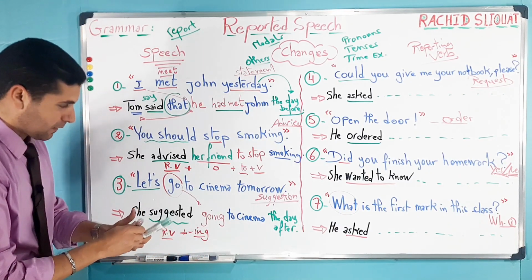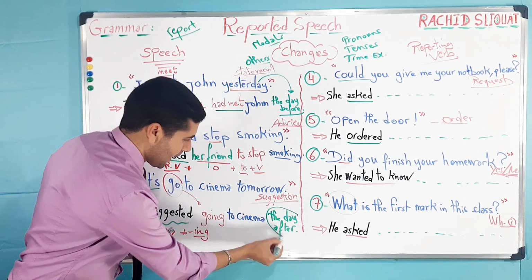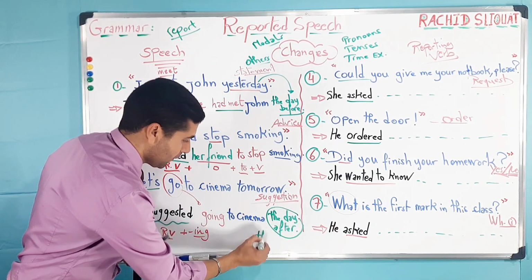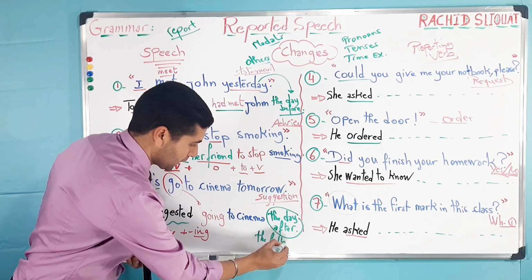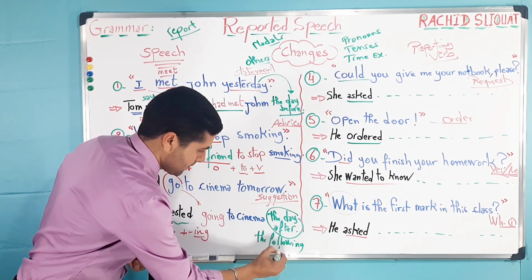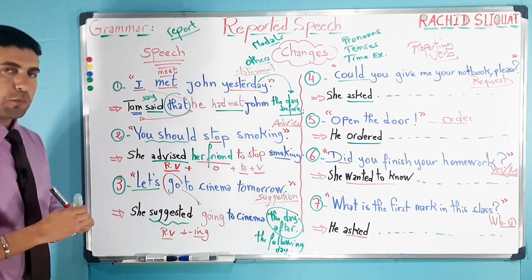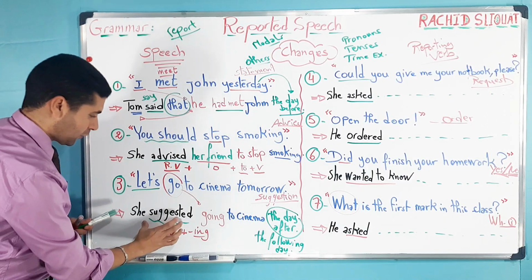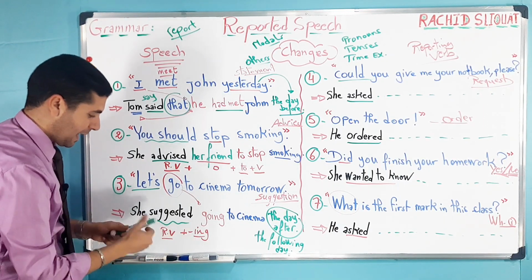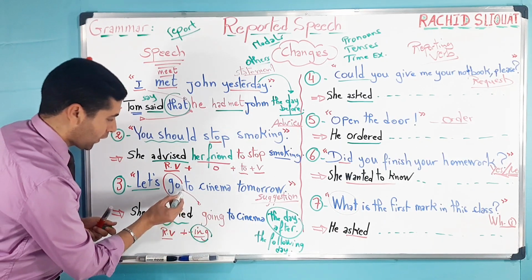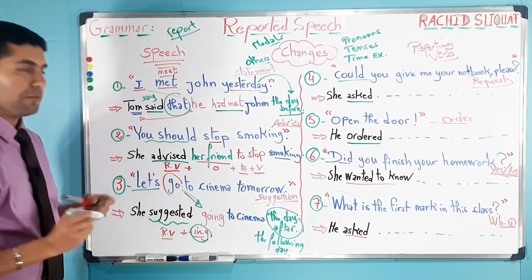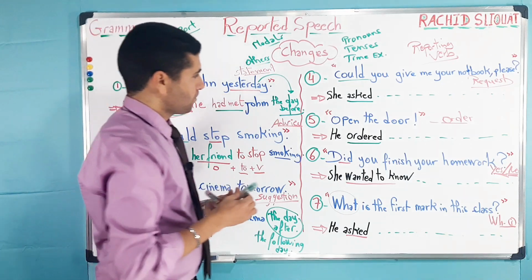All right, so this is how we report suggestion, suggested, the reporting verb, plus ing form of the verb.